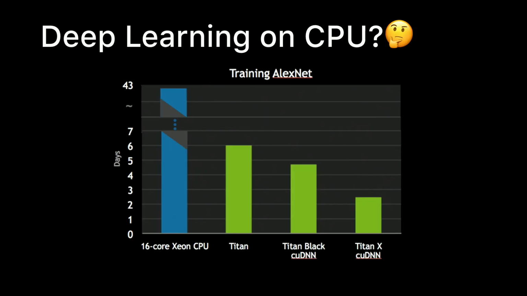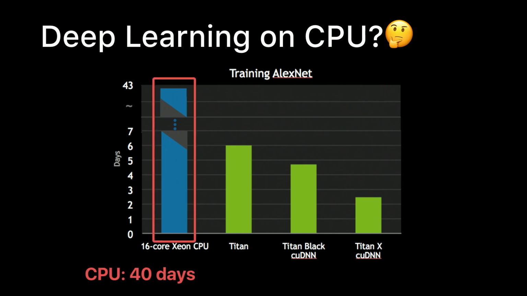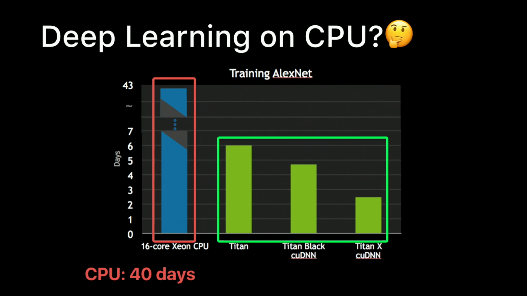In my understanding, deep learning is suitable for being computed on GPU. Our research says, for training AlexNet, CPU took more than 40 days, and GPU took less than 6 days. So I wonder what kind of cases BNNS is suitable for.